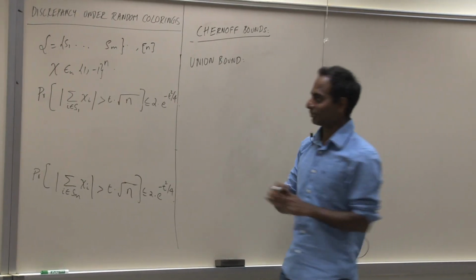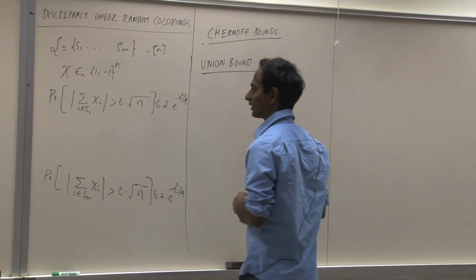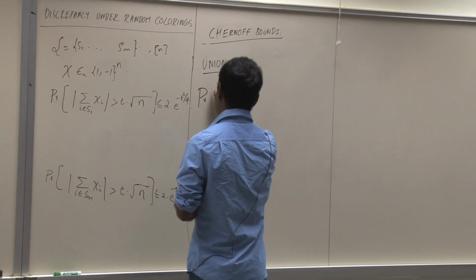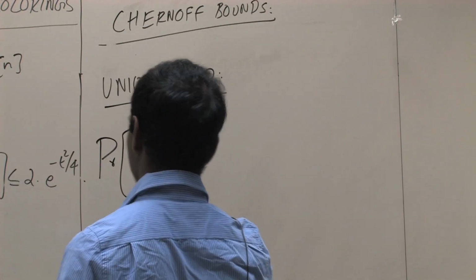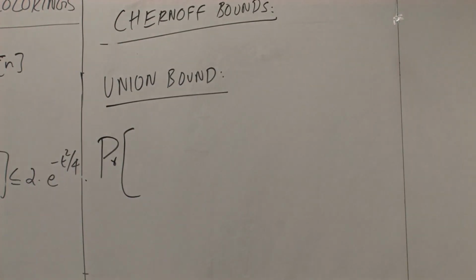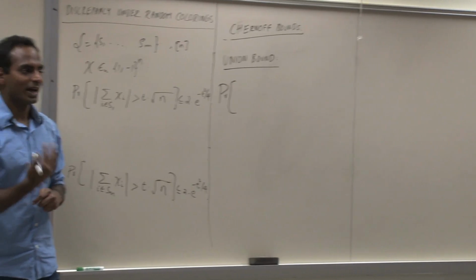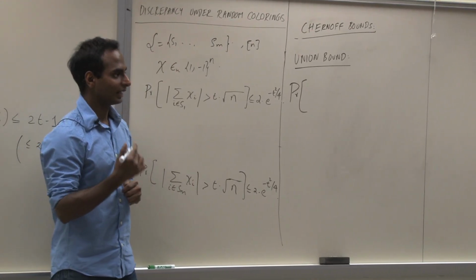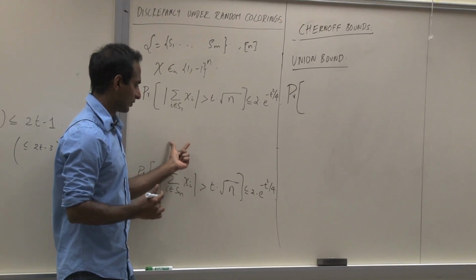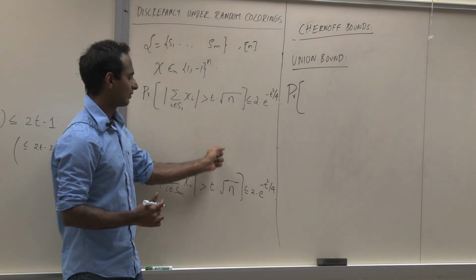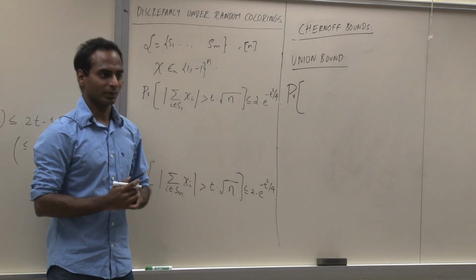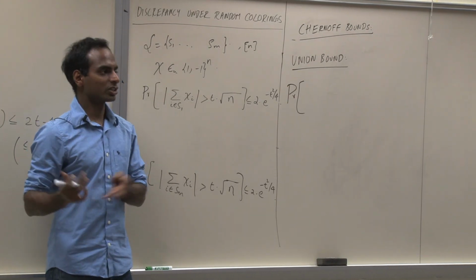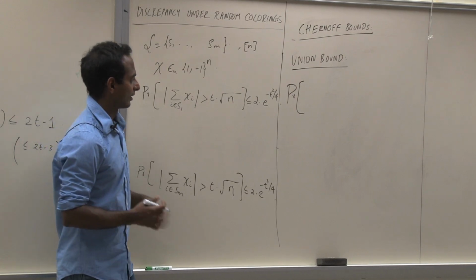Okay, so let me just state it then. So I want to take a random coloring, and let's call an event bad, okay, the set S bad, if the discrepancy of the set under that coloring is more than t times square root of n, okay, which is bad for us. We want small discrepancy, and that's not happening.